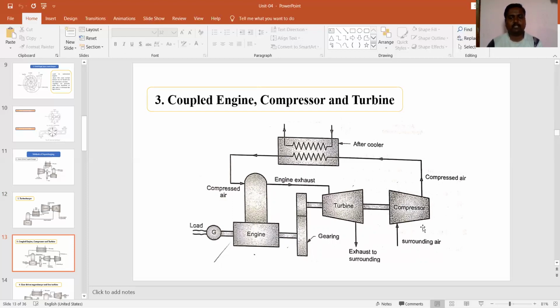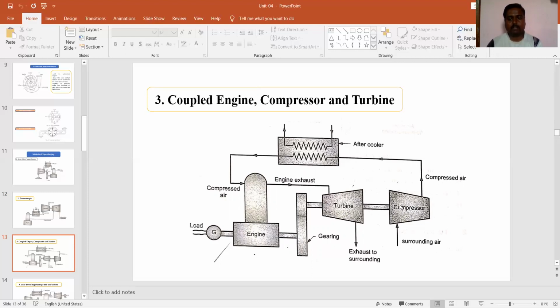In this coupled engine compressor turbine, both the turbine and engine power, that is gas turbine and gear drive, two powers are used for the compressor. The compressor or supercharger requires power.